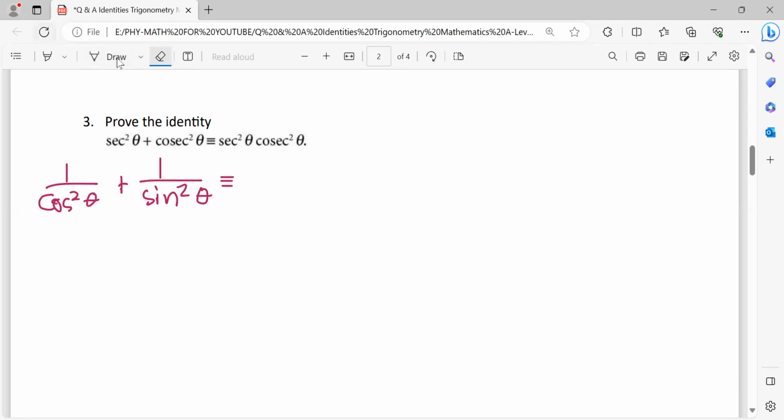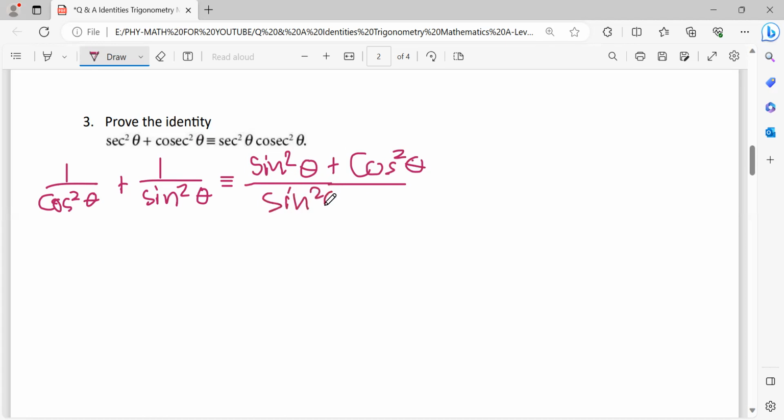It becomes sine theta squared plus cosine theta squared over sine theta squared times cosine theta squared.